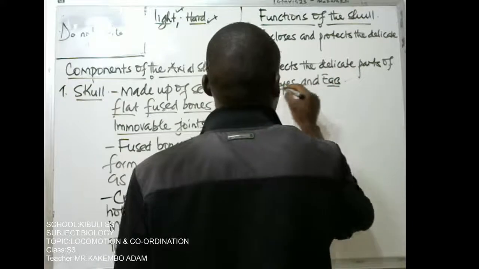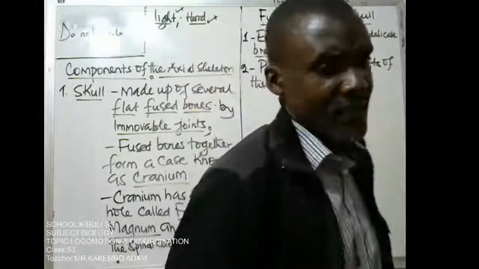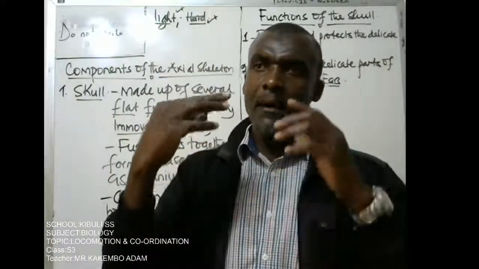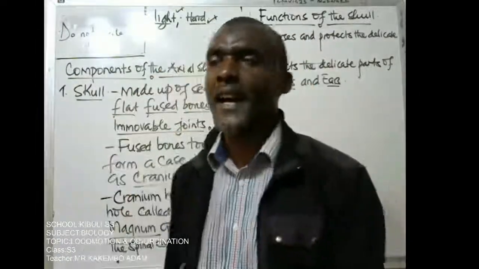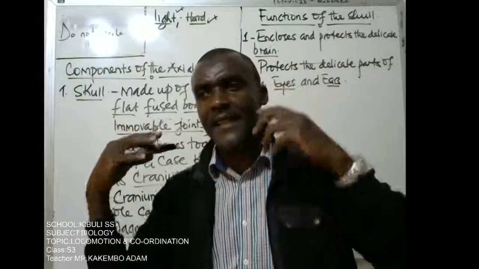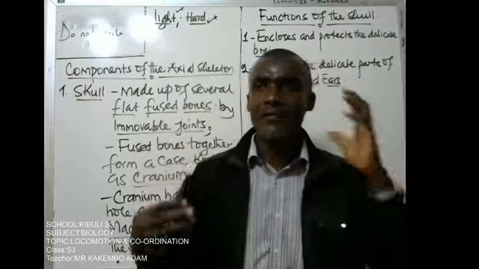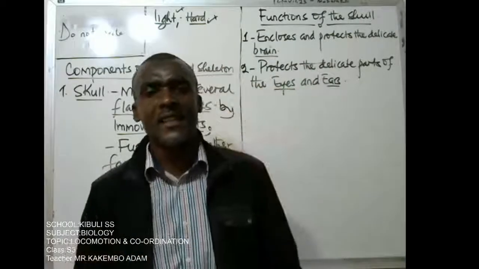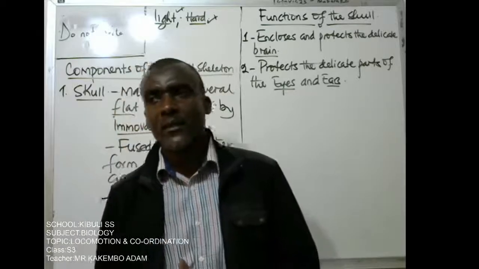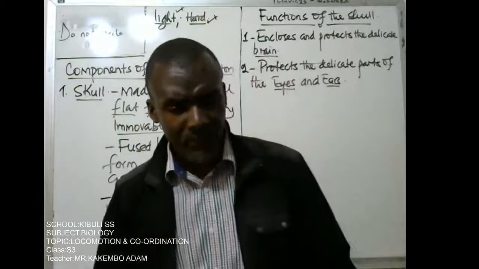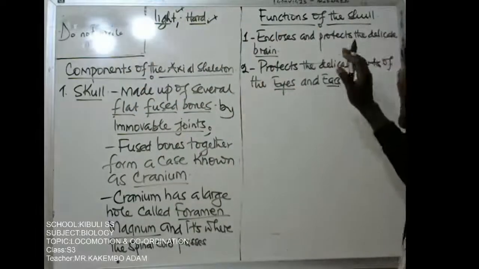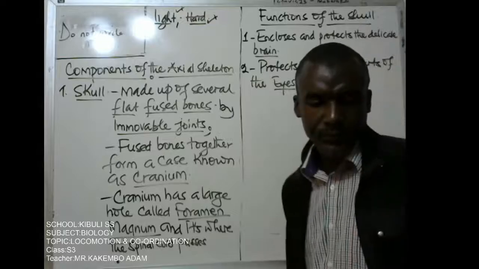The details of the eyes are more than what we see on the surface. The details of the ear, there is a lot inside that we can't see visibly. What we see on the outside of the ear is a flap of flesh known as the pinna or the outer ear. So all those are important and sensitive parts of the body that the skull protects.